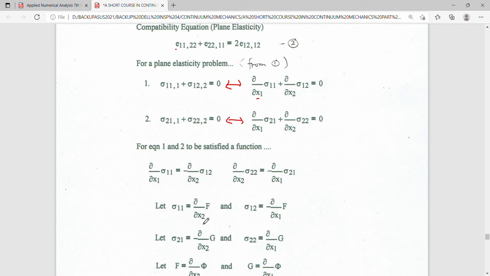Let's say if I let my sigma 1 1 as the partial derivative of f with respect to x2, and sigma 1 2 as the negative partial derivative of f with respect to x1, then I will come up with an equality. Tama? I will come up with an equality.